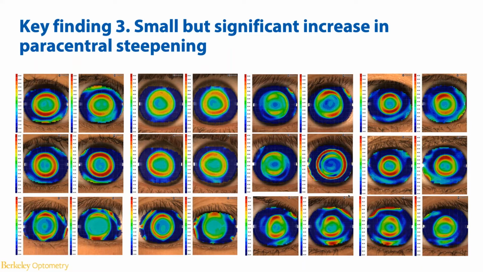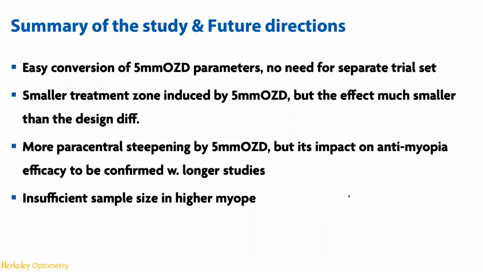This is telling us that yes, a 1mm difference in the optic zone design does cause a consistently smaller treatment zone size and slightly more dramatic paracentral steepening, but the difference is much smaller than what was expected from the magnitude of the design difference.